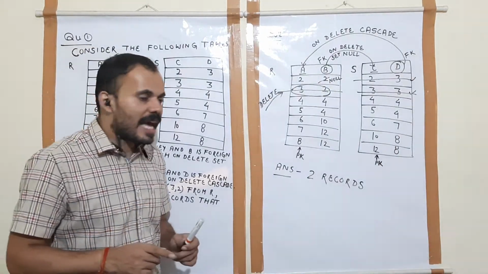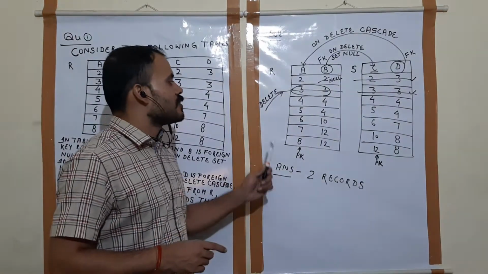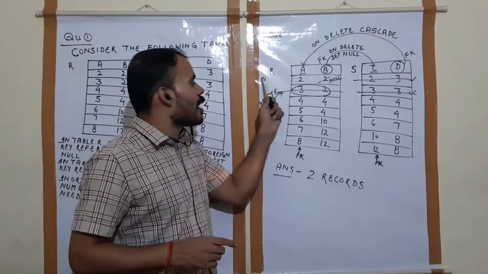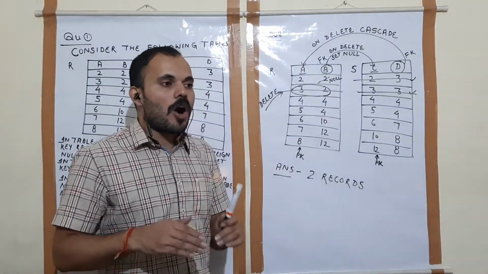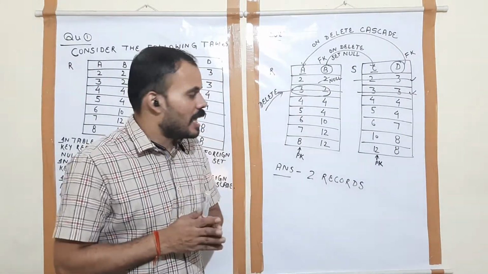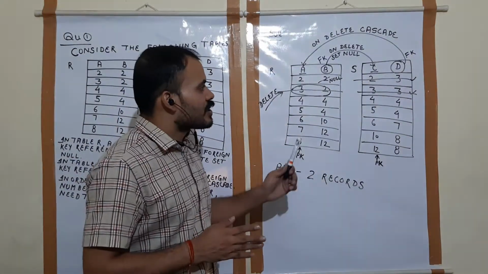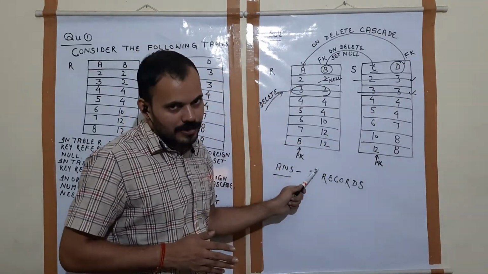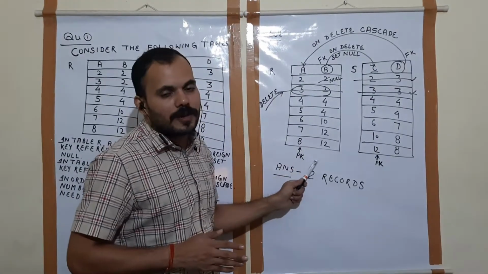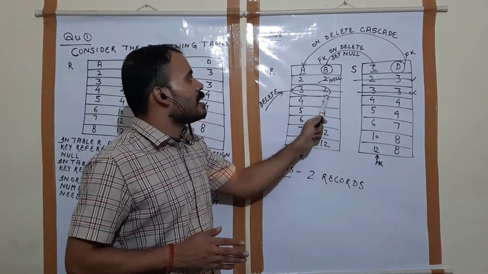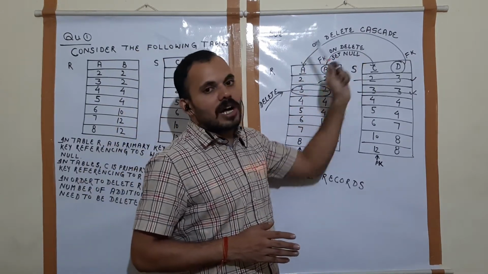Understood? Now see here, I am repeating once more. It is saying that if I delete one record 3 2 from the relation R, then how many additional records do we have to delete? With respect to the foreign key D, the relation R is the referenced relation, and from the referenced relation I am deleting the record 3 2 and it is given on delete cascade.